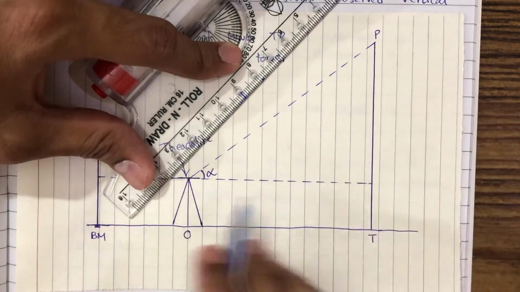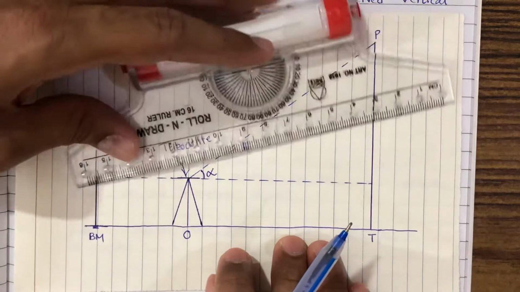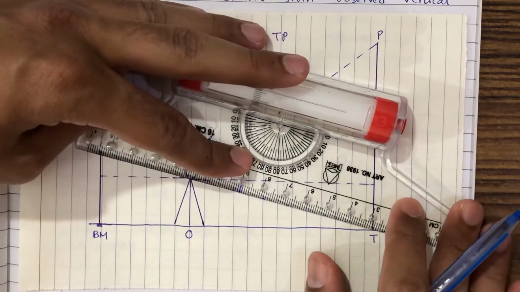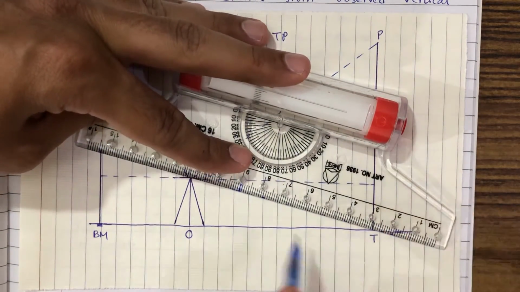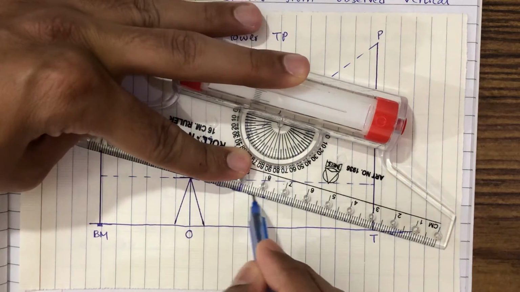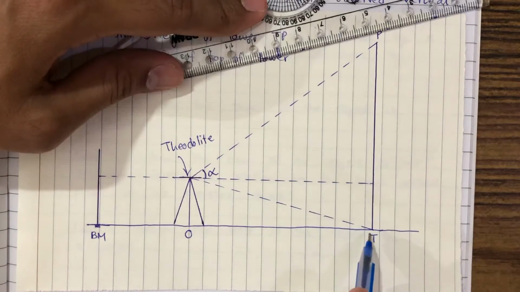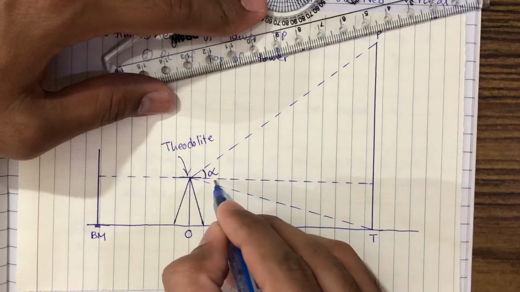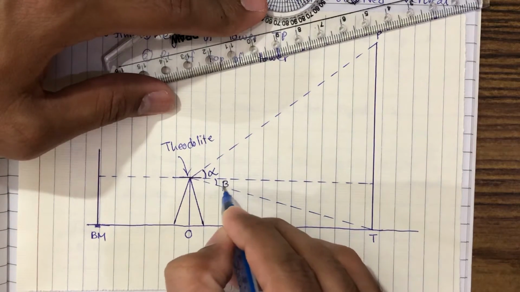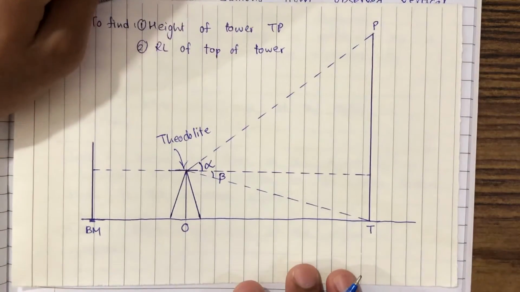This angle is known as the angle of elevation. Also, we can measure the foot of the tower, which is at this point T. Let this angle be called beta, and this angle is known as the angle of depression.